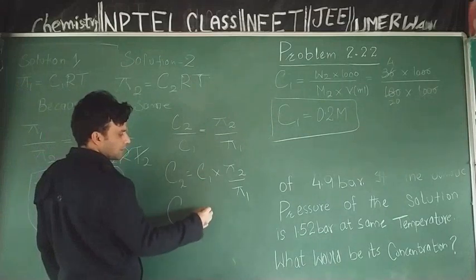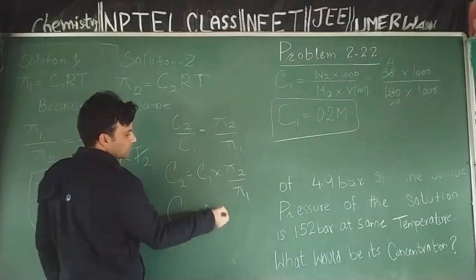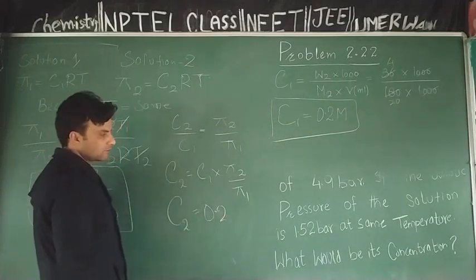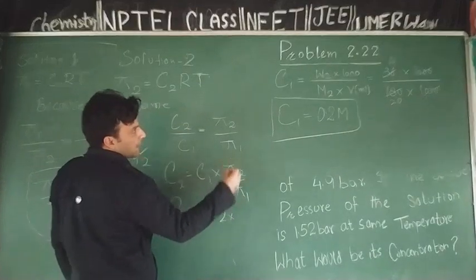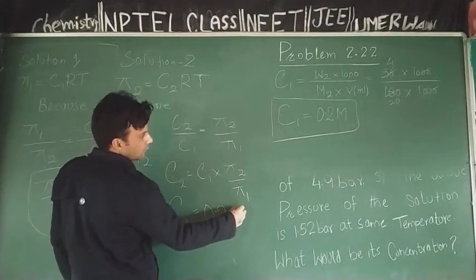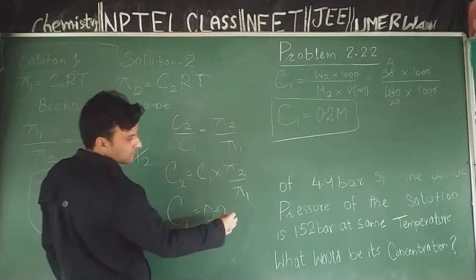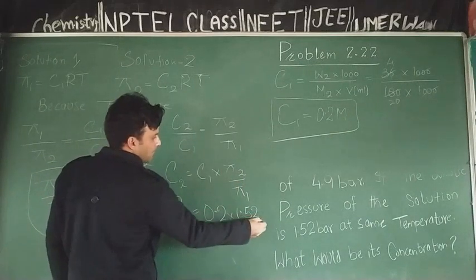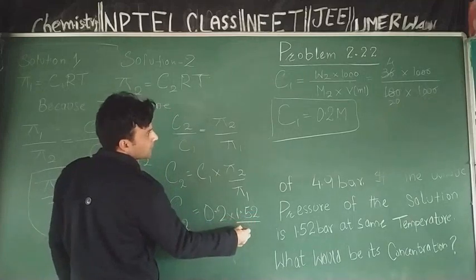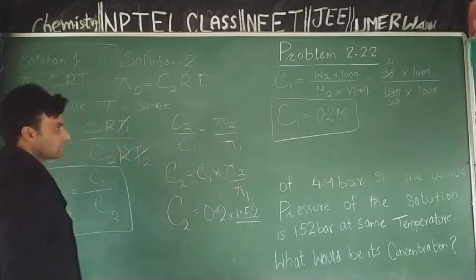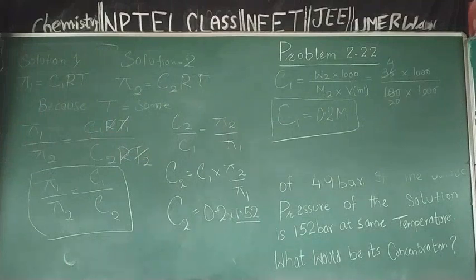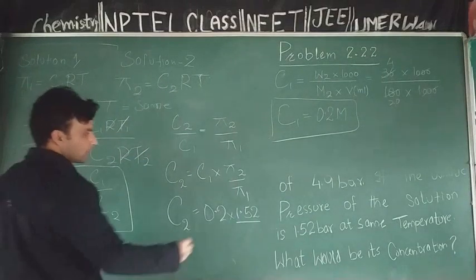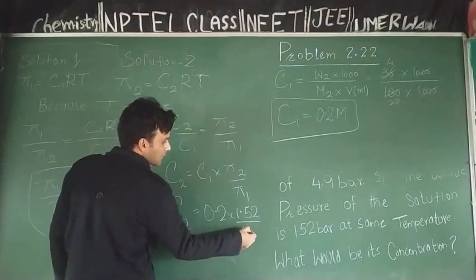C1 I calculated equal to 0.2. Pi 2 is given 1.52 bar. Pi 1 is also given equal to 4.9 bar.